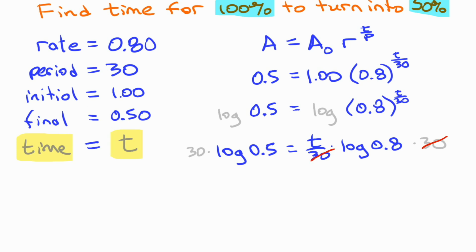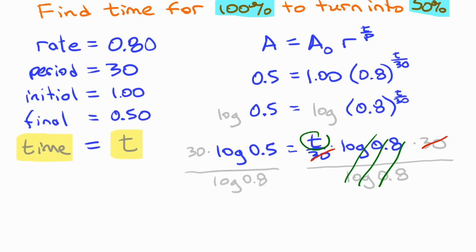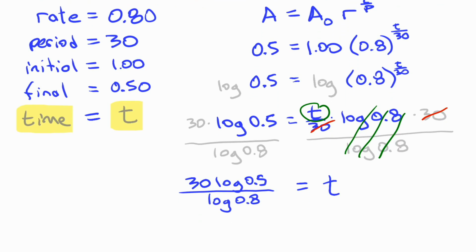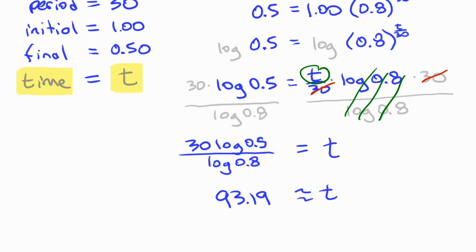And then we need to divide by log of 0.8 on both sides because that cancels out, so that we only have time over there. And then on the other side, 30 log 0.5 divided by log 0.8. If you look, you'll see that's exactly the same expression that we had in our previous method of solving. And that's going to give you what we had before, which was 93.19.